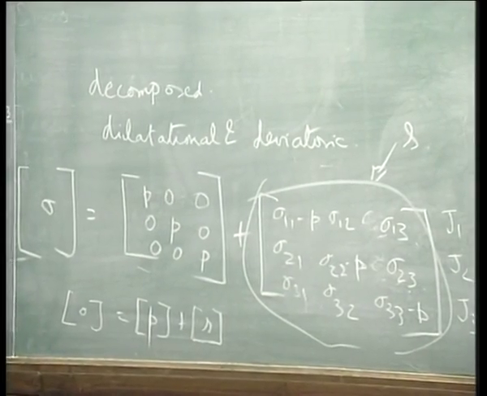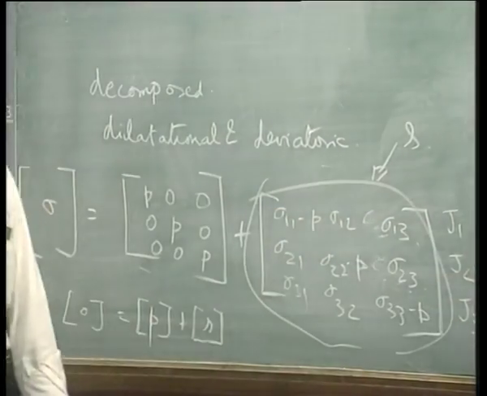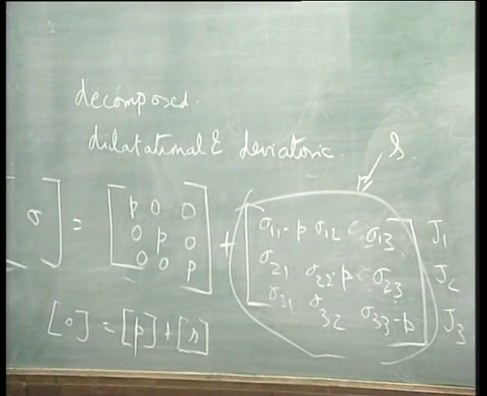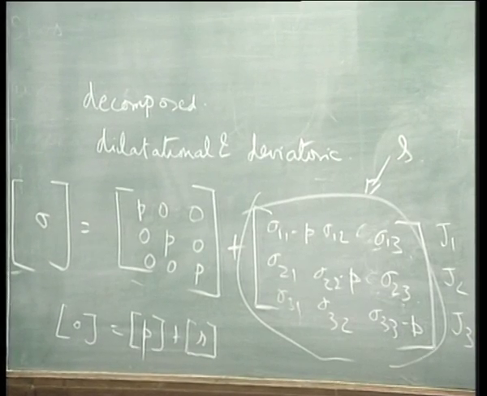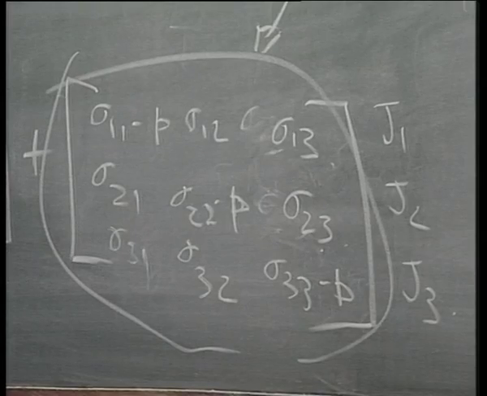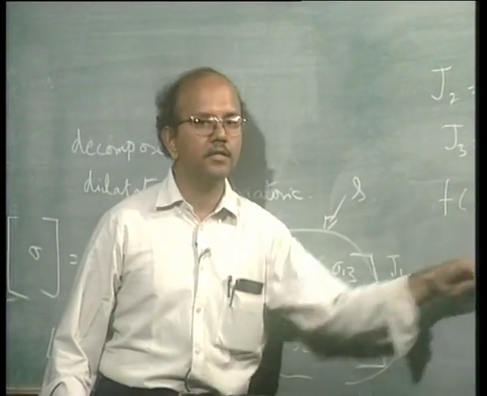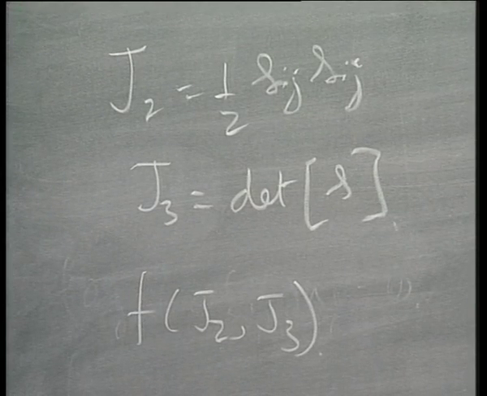Then we found out that there are three invariants, J1, J2 and J3, out of which J1 goes off by our definition of the deviatoric stress, and hence we have J2 and J3. So the yielding is a function of J2 and J3. That is what is important.